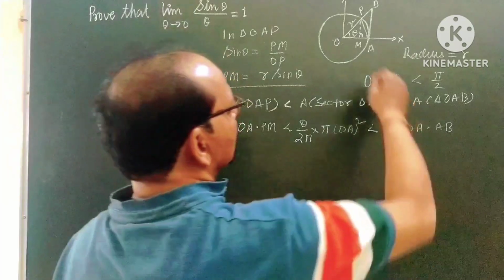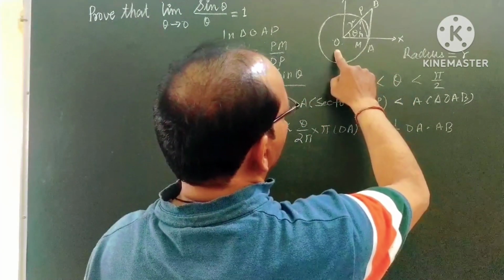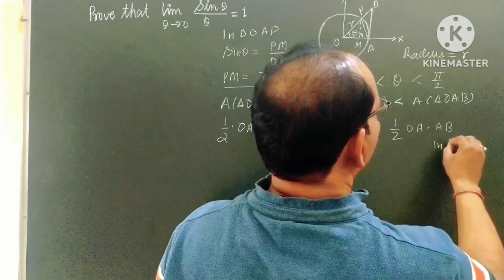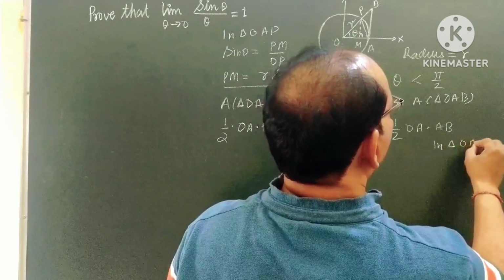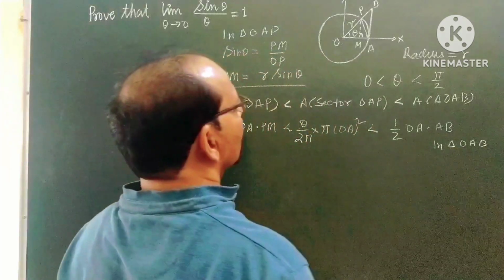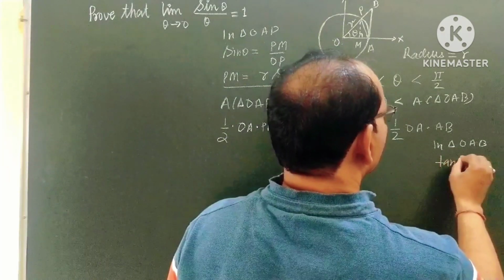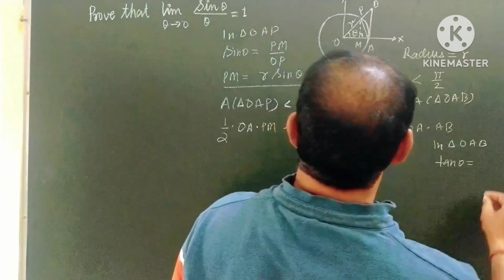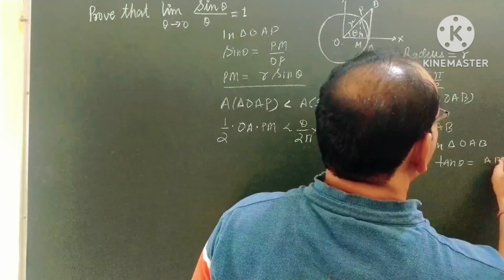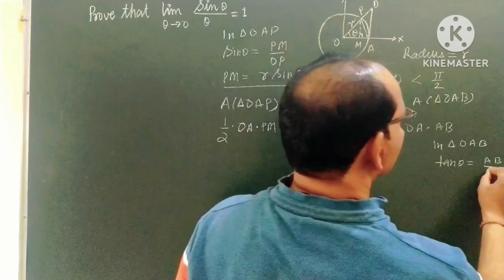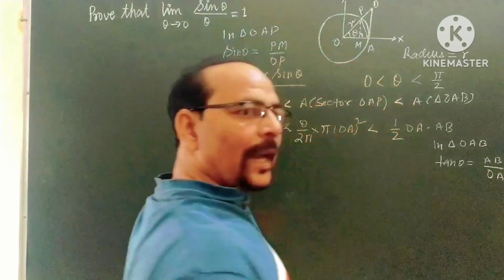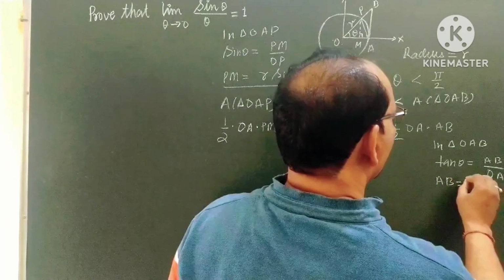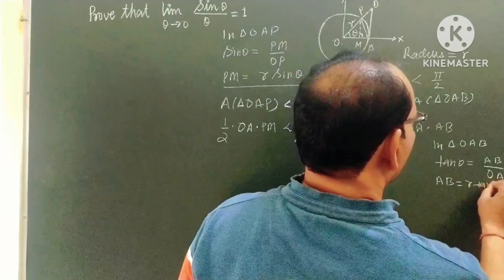And after that, in triangle OAB, we can take tan theta is equal to AB by OA. OA is the radius, therefore AB equals R tan theta.